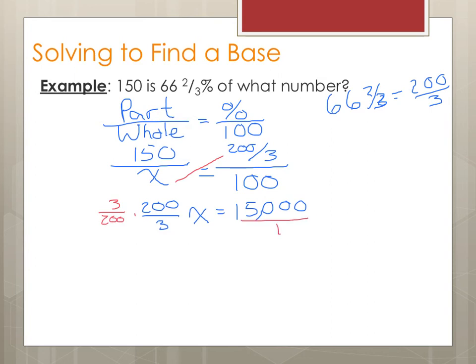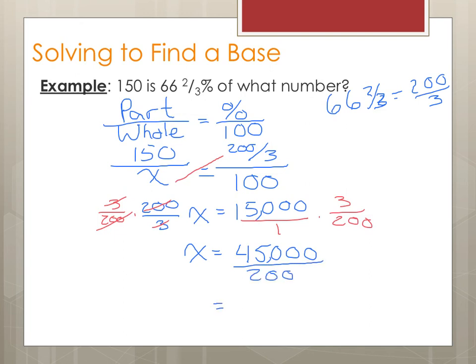So we'll multiply this by 3 over 200. The 3 and the 3 cancel, the 200s cancel. We're left with x on the left equals, when I multiply across the top, 15,000 times 3, I get 45,000 over 200 on the bottom. And when I divide 45,000 by 200, I'm going to get 225.